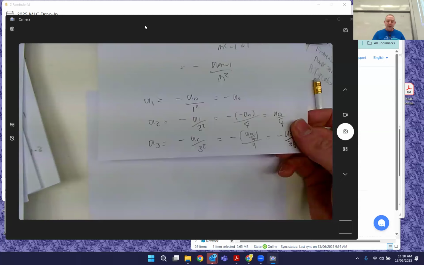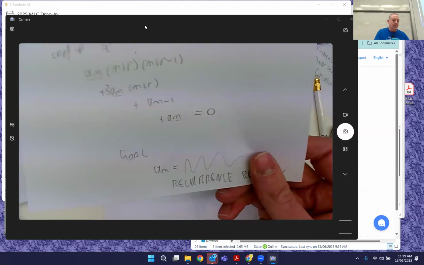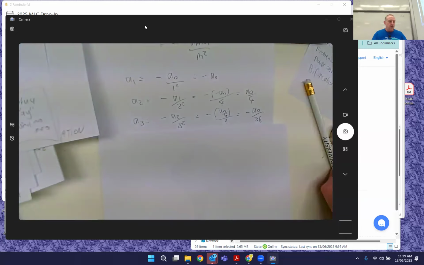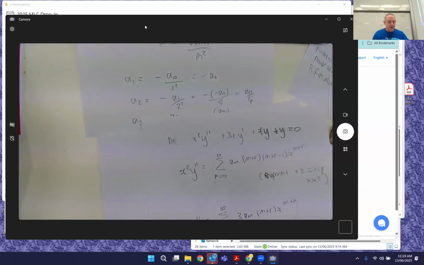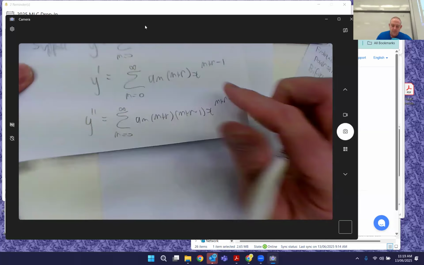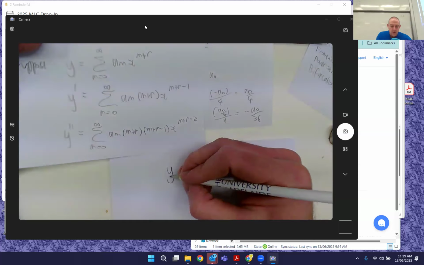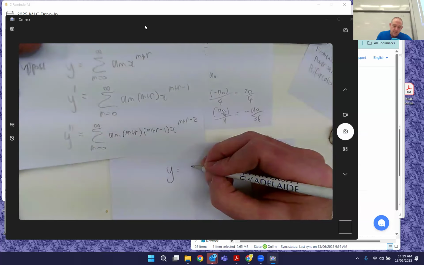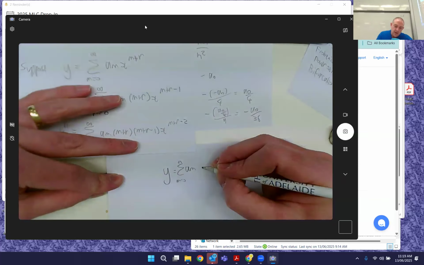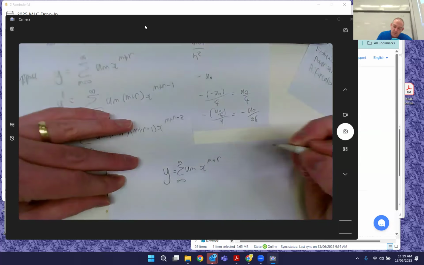And so we're going to sub all of that into the original thing. And the original thing was, just go all the way back to the beginning here. So we've got that y is the sum of m equals 0 of a_m x to the m minus 1, because that's what r is. I'm just going to do this properly.